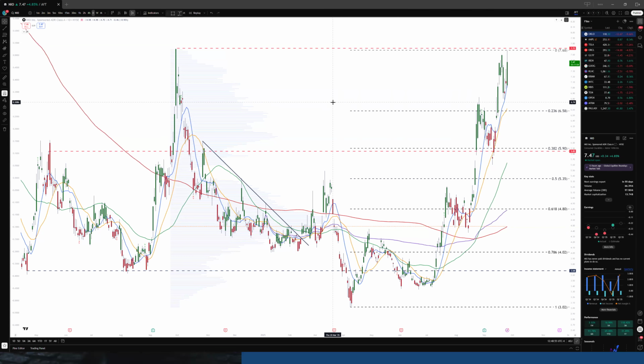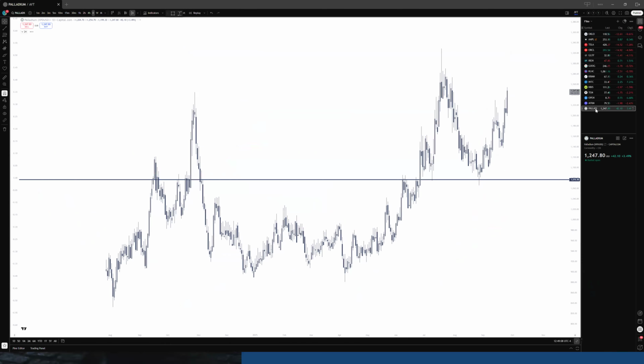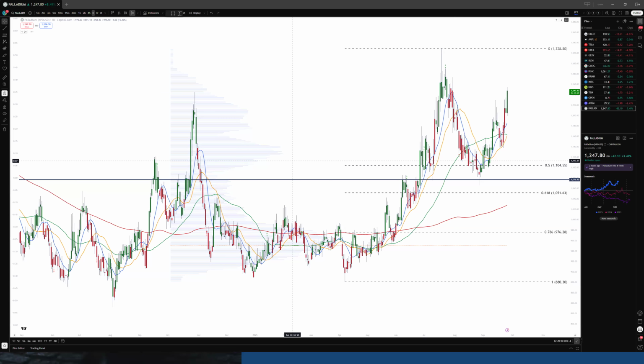All right, so let's look at how I said everything works. Doesn't matter, it could be commodities. We have palladium here on the chart. As you can see, where did palladium bounce from this recent fib level? Right at the 50 level.